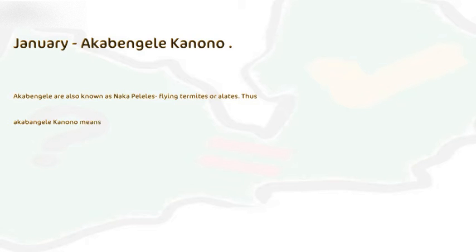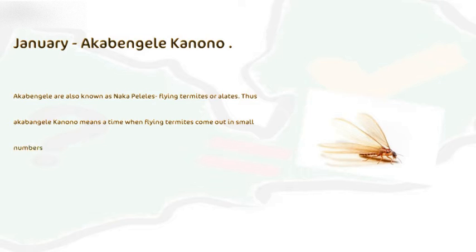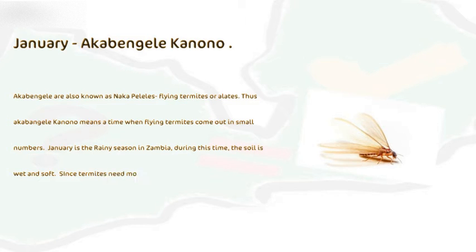So January in Bemba is called Akabengele Kanono. Akabengele, also known as Nakapeleles, means flying termites. Thus, Akabengele Kanono means a time when flying termites come out in small numbers.